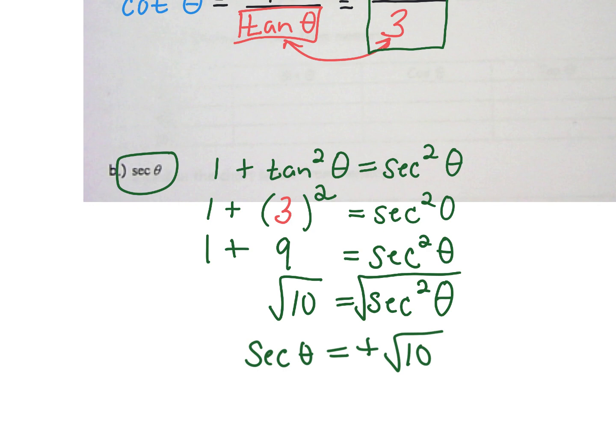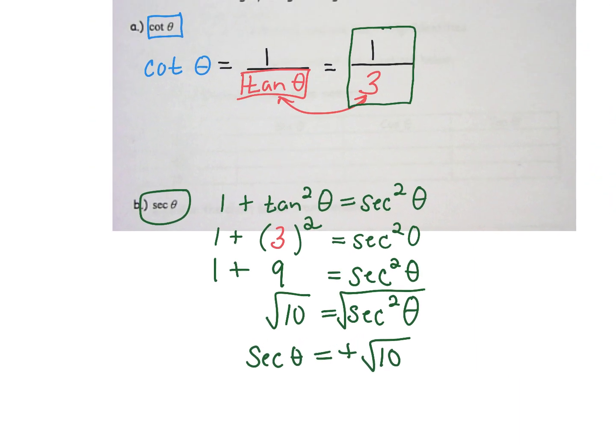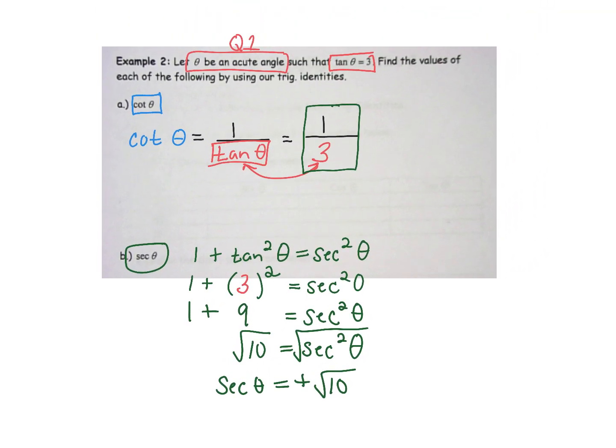Now, if we tweak that little given piece of information at the beginning to say theta's in quadrant 2, well, in quadrant 2, cosine's negative because x coordinates are negative, so I'd have to keep the negative answer. So, yes, Parker, you were very smart to pay attention to that detail. It does come in a little later. All right, that rounds out your 1.3 part 3 notes.